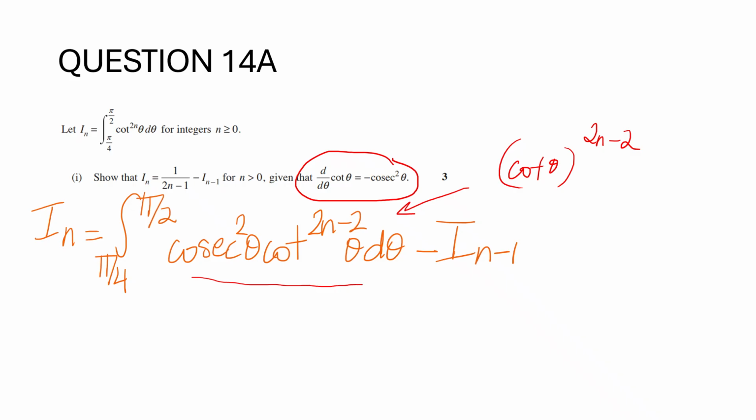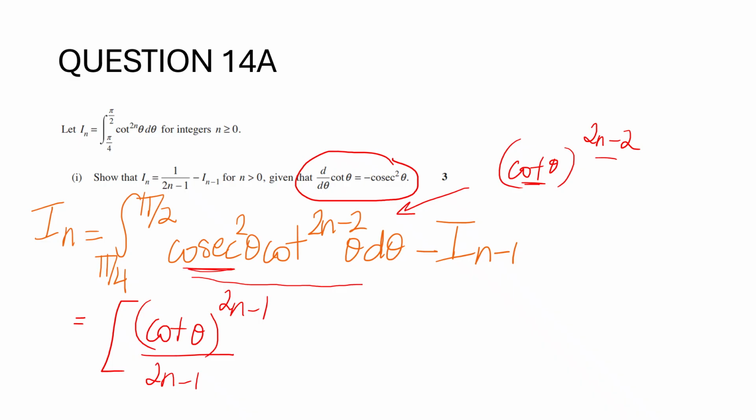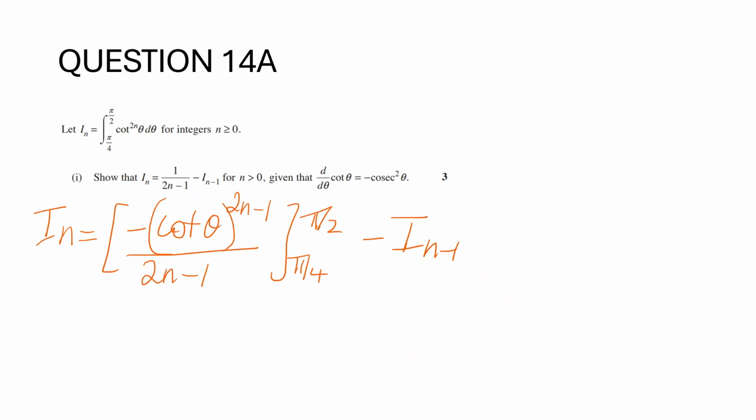So this is going to be equal to, we raise this power by 1, so cot theta to the power of 2n minus 1, divided by the new power, divided by the derivative of the inside function, which is negative cosec squared. And that's going to cancel out with this, except for the negatives, so we need another negative there. Pi on 4 up to pi on 2, take away I_(n-1).